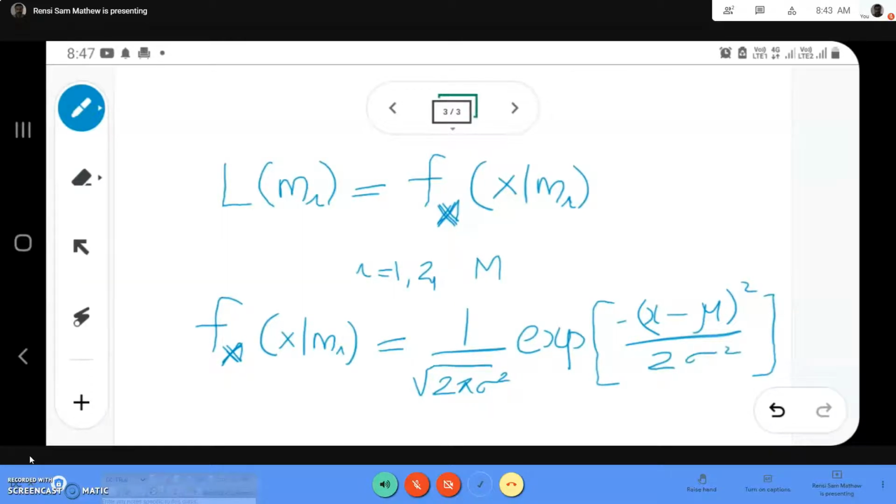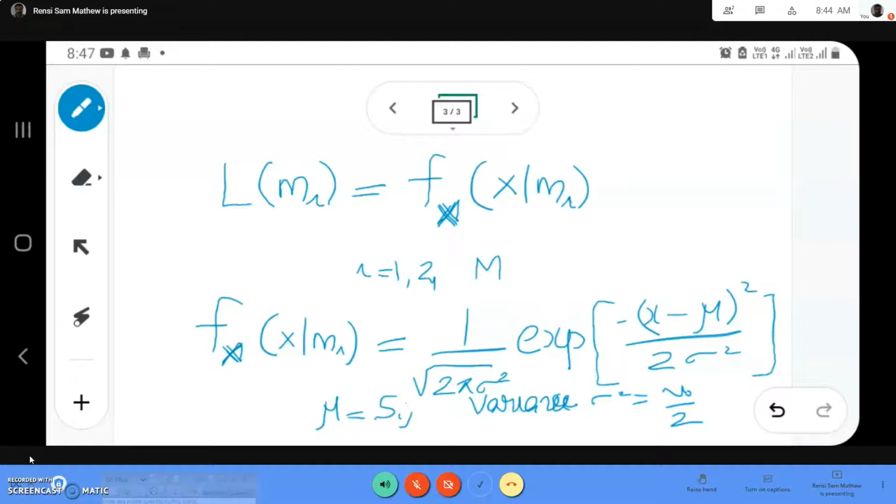We calculated that the mean is small s ij, and the variance sigma square is equal to n0 by 2.